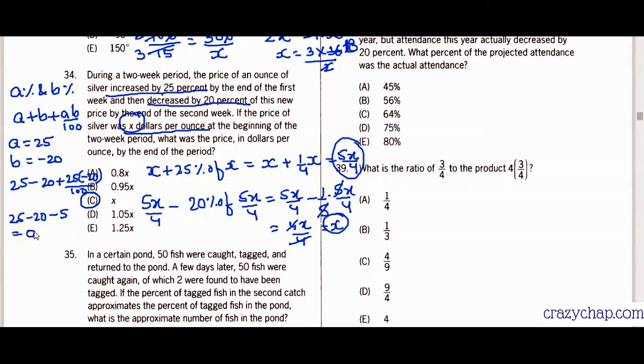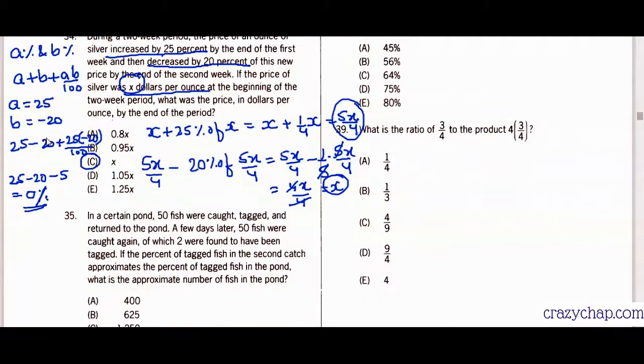It means that the two changes, the first change of 25% increase and the second change of 20% decrease, are equivalent to a 0% change in the value. So that is the single percentage change. If it is a 0% change, it means the price has not changed at all. It is X, right? Further, we'll be using this formula for further questions, right? Okay. Let's move on to number 35.